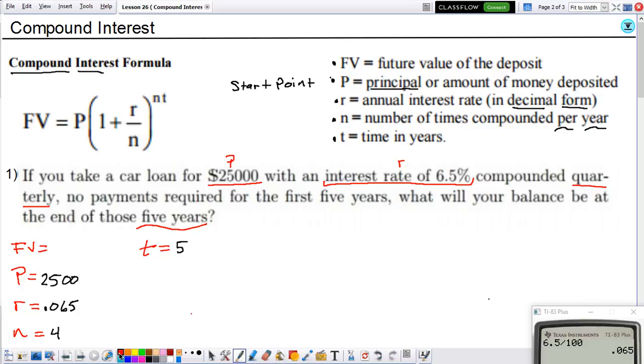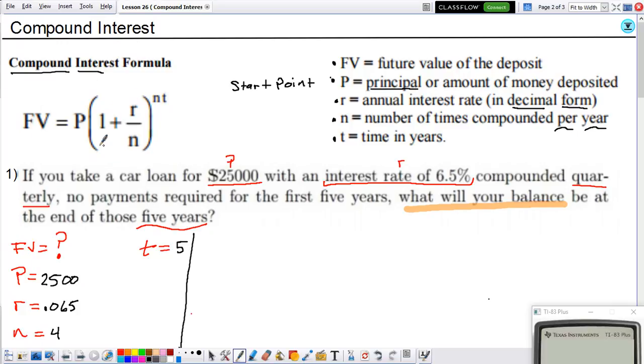The only variable that we don't know anything about is F, which says that we need to use our formula to find out the value of F. That makes sense because the last sentence is telling you what your balance will be at the end of 5 years, which is the future value of your deposit, which is F.